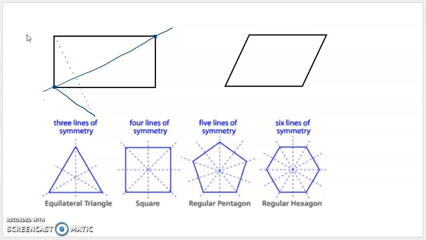This line would go like that, and then this corner, again, if you fold it over that line of reflection, it would fold up to here. So it would look something like that. So if I folded that line over that line of reflection, I'd get this rectangle here. In other words, it doesn't reflect on top of itself. So the diagonal would not be a line of reflection.